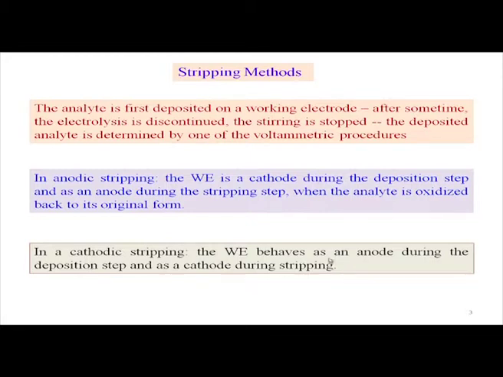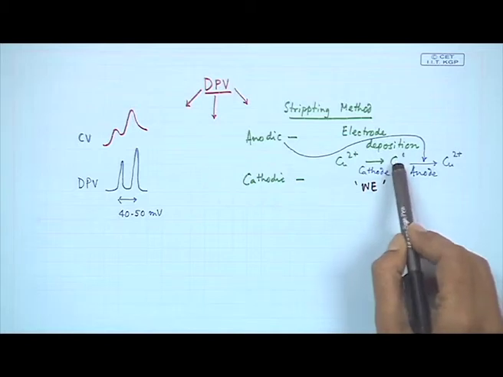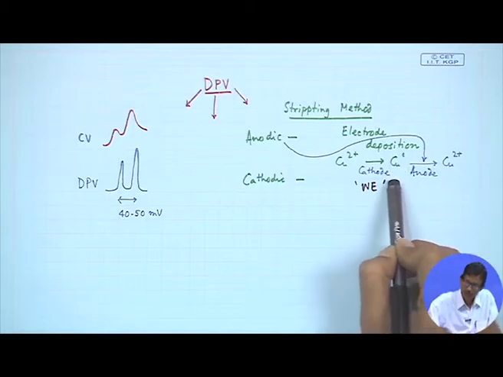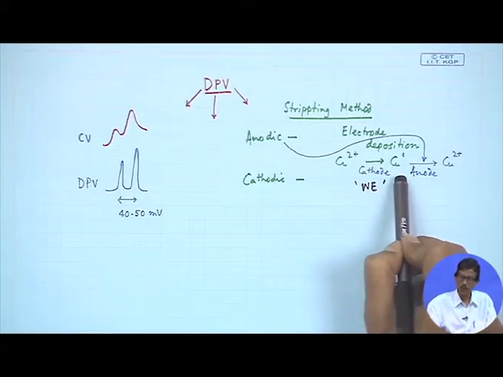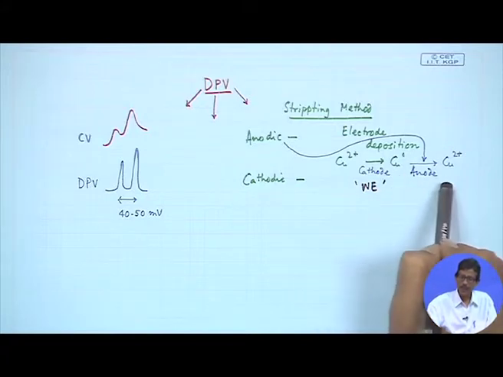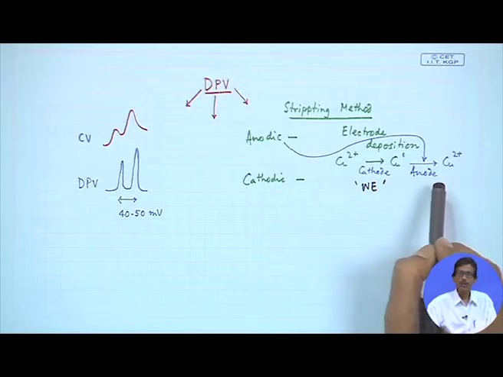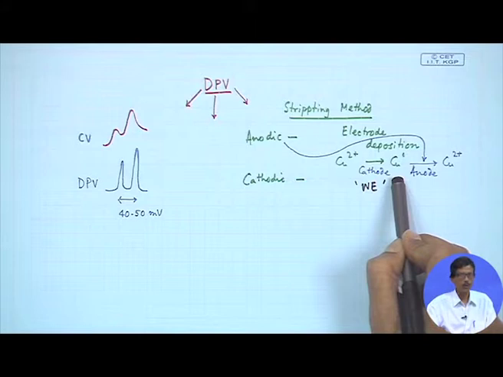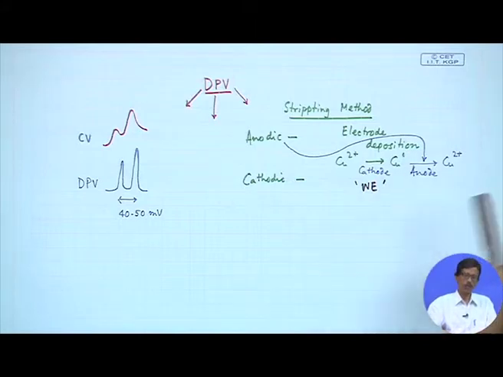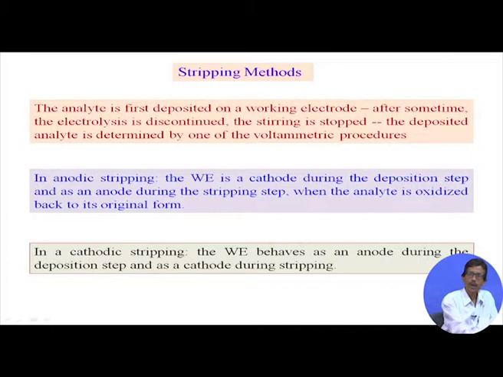The deposition is there on the electrode surface as copper 0, and when it is oxidized as part of the anodic stripping process, it gives rise to the generation of copper 2 plus from copper 0, and it is removed from the electrode. So, the opposite one will be your cathodic stripping.